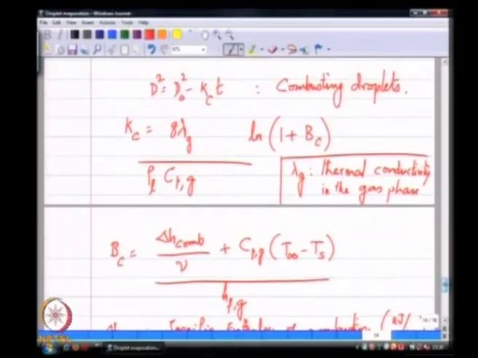So, you will see that in the rate constant Kc, the mass diffusivity which occurred in the previous arguments is now replaced by thermal diffusivity. It is actually not thermal conductivity, but thermal diffusivity. I think this is conductivity, but if you go through the arguments, we had a rho D_AB, and that rho has been absorbed, giving us the diffusivity as the net result.